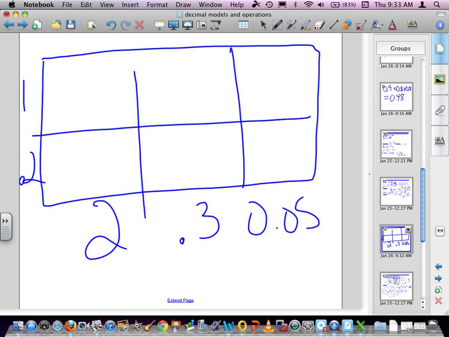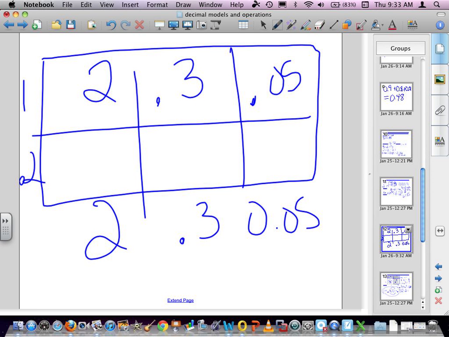So you can do 1 times 2 is 2. 1 times 3/10 is 3/10. And 1 times 5/100 is 5/100. Right? Which we already knew from the 1 times the whole thing.